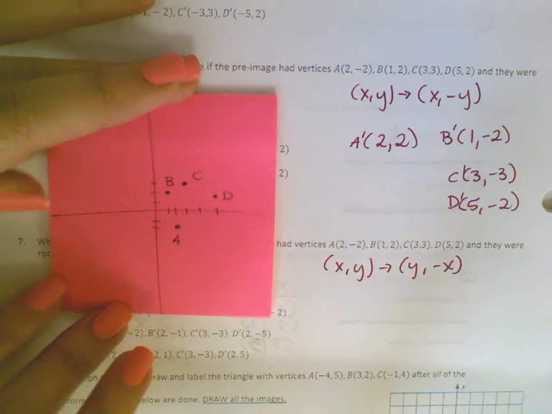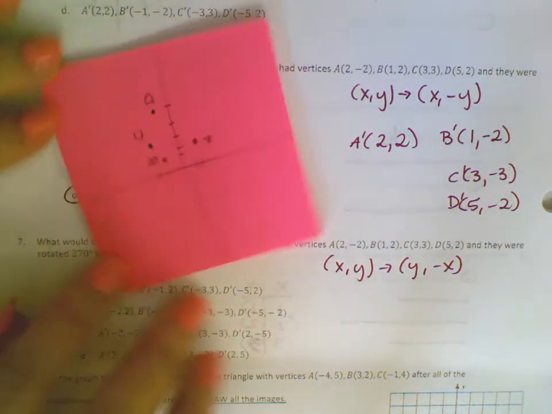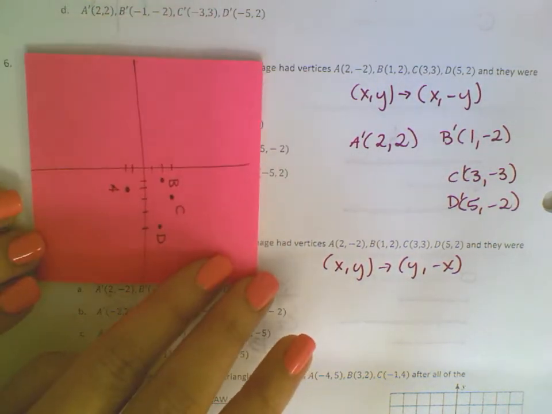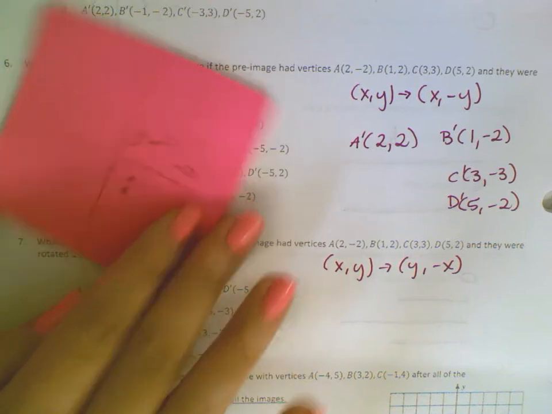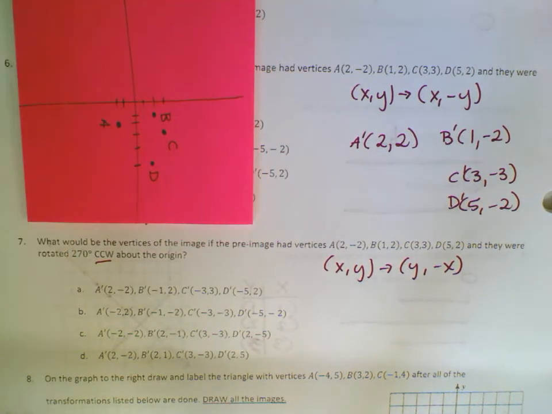Again, this was our original. This is 90 degrees. This is 180 degrees. This is 270 degrees. 360 would bring us back. So this was 270 degrees counterclockwise, which means I turned to the left.